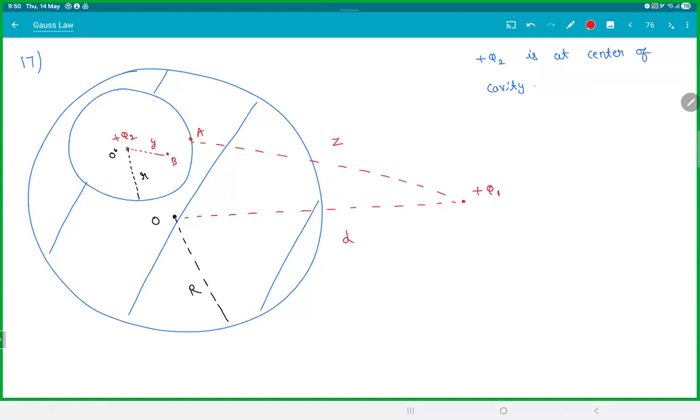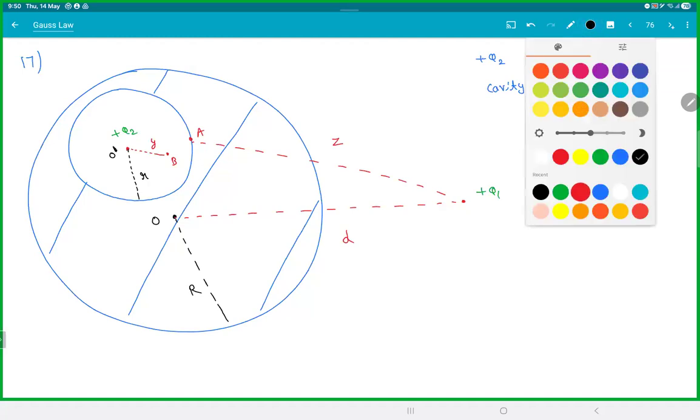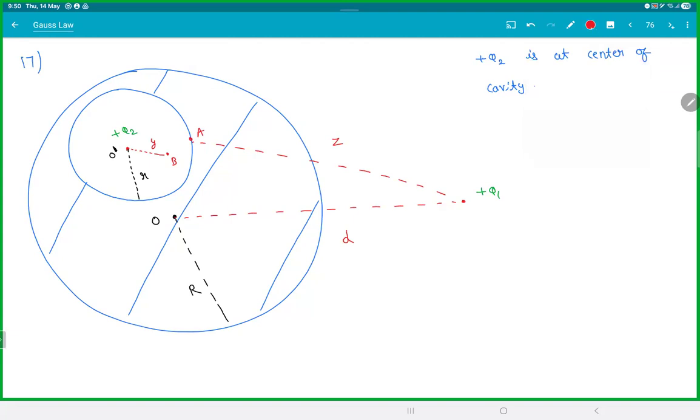Maybe I should put the charges in a different color. Let's put Q1 and Q2 so that the green ones are the charges, the red ones are the points, and O and O dash are the centers. So the question is find the potential at O, A, B. So let's start with that. O is the center of the sphere.